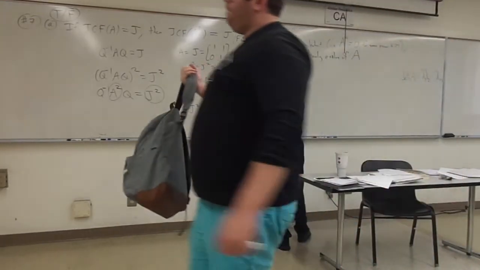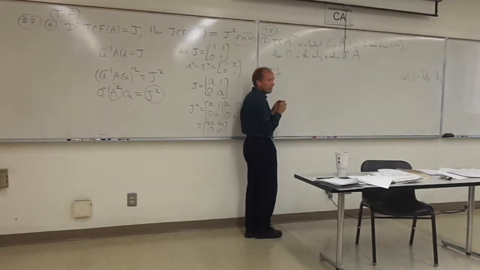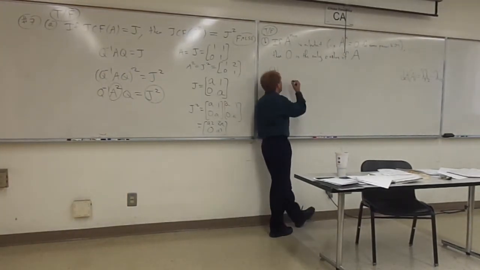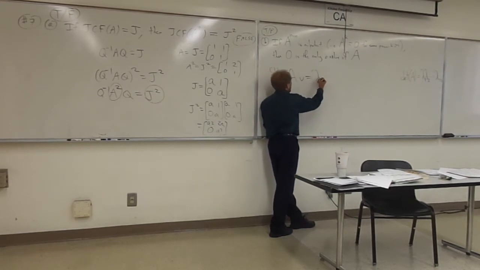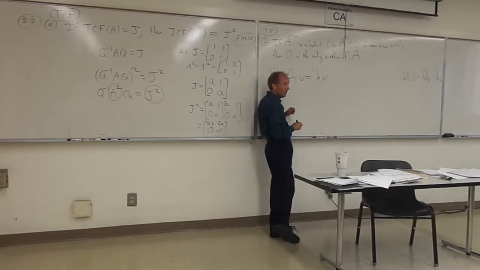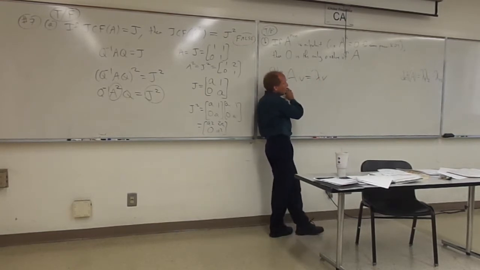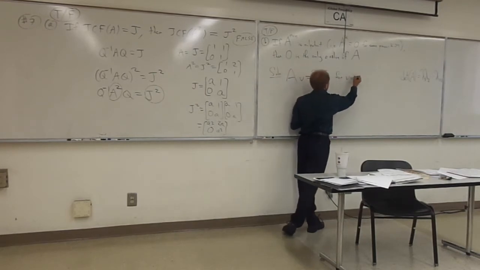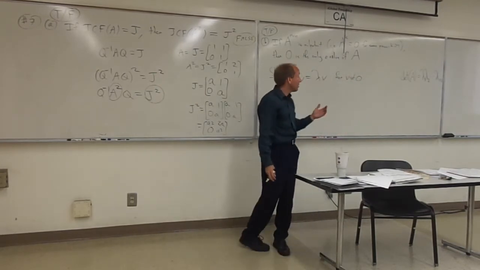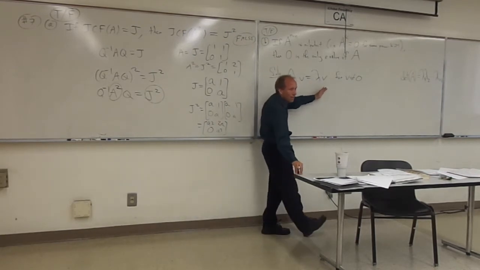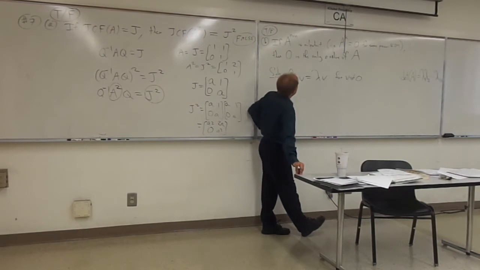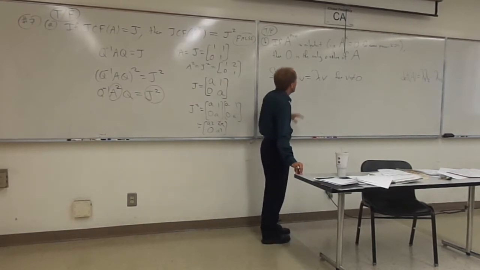So really the thing you need to do here is remember where all of this eigenvalue, eigenvector stuff starts from. If lambda is an eigenvalue of A, then there has to be a non-zero eigenvector that makes this equation true. Right? AV equals lambda V. And lambda is my eigenvalue.